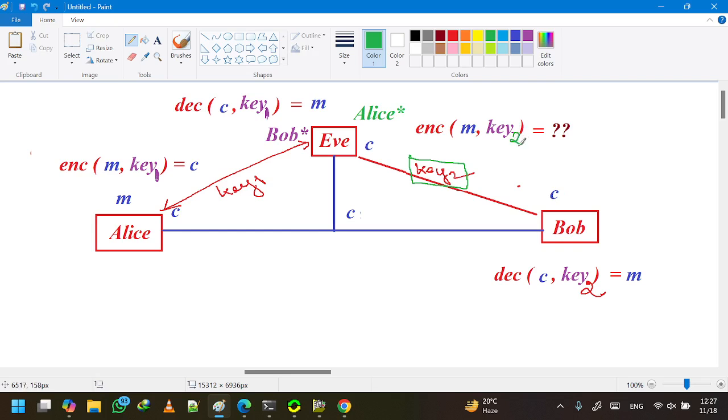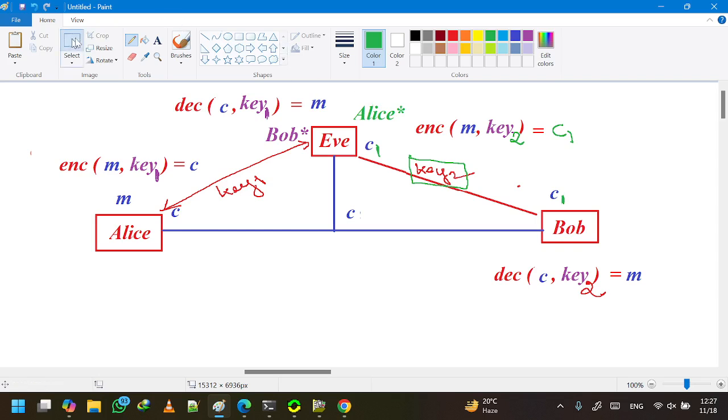That means the key between Eve and Bob. This key is key 2, and it will produce a new ciphertext C1. C1 will be sent to Bob.